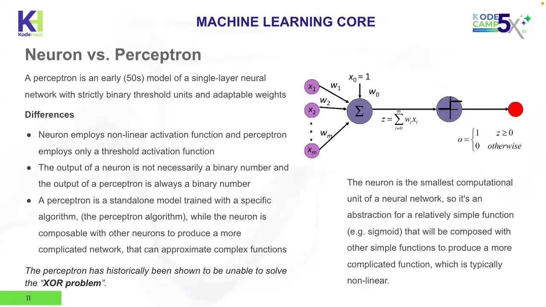But when we are talking about neurons, it's not the entire layer. It is just a single neuron. The main difference is that for neurons, you have a nonlinear activation function. I think that's the most important thing I would like us to pay attention to here.